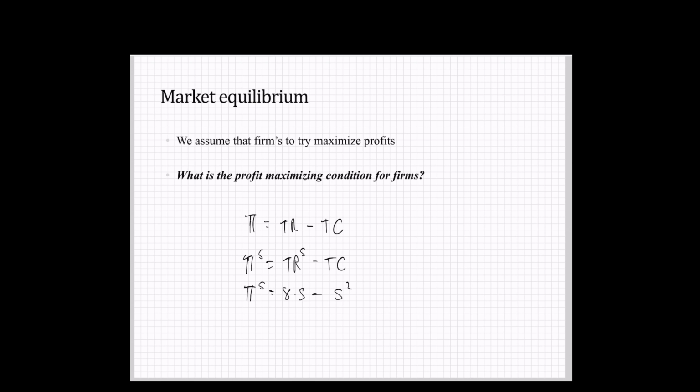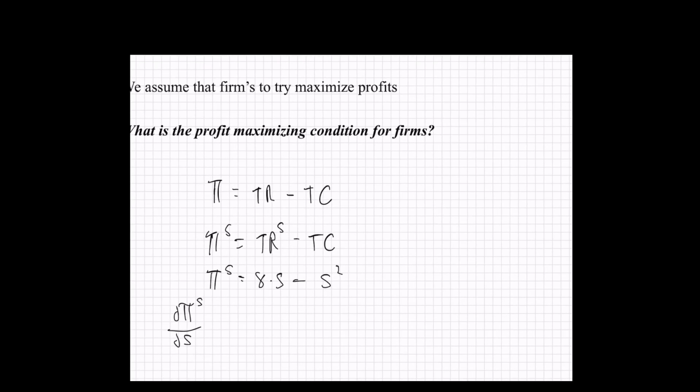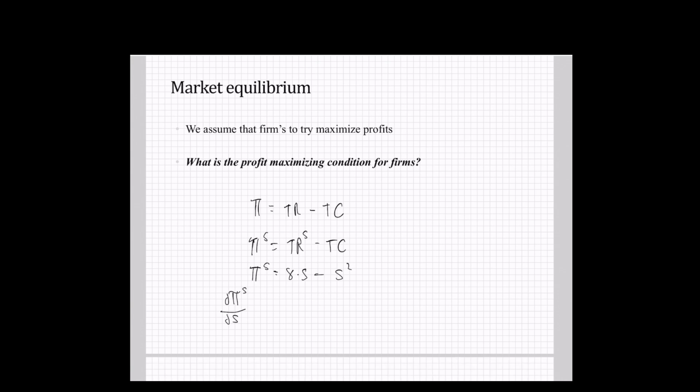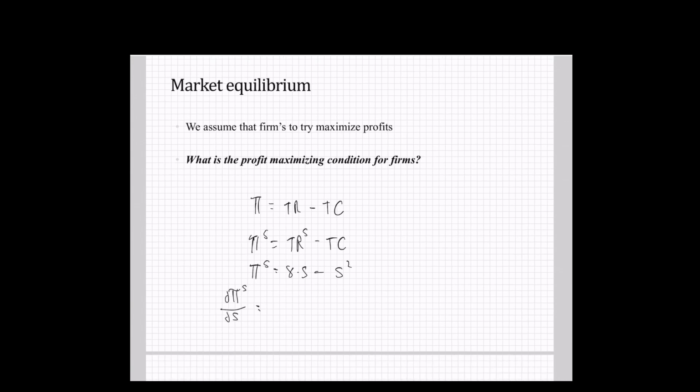Now, to find the maximum, we're finding the change in the profit caused by a change in steel. Right, and we're going to set that to 0 because that's where profits are going to be exhausted. Or in other words, if we look at this, 8, which is the marginal revenue, minus 2S, which is the marginal cost, equals 0.